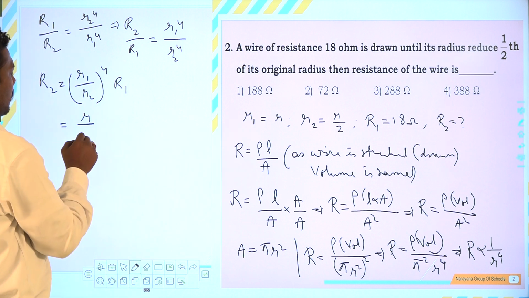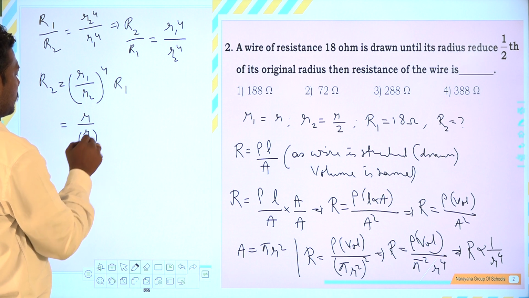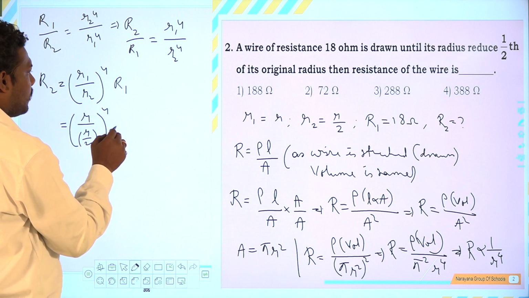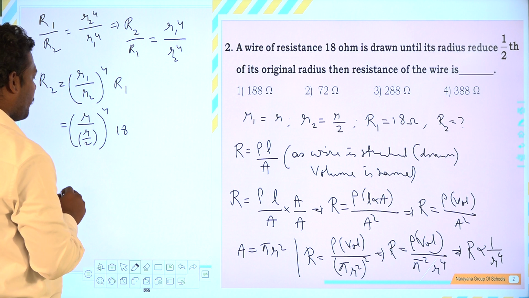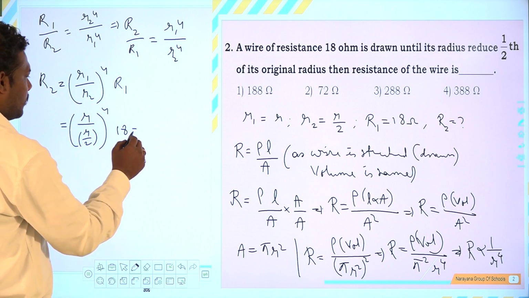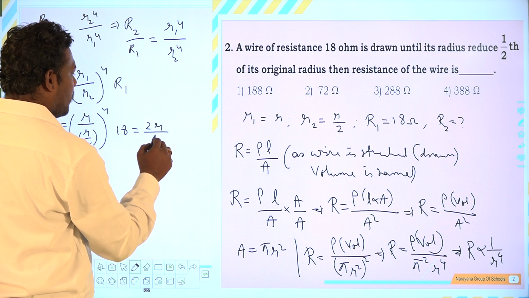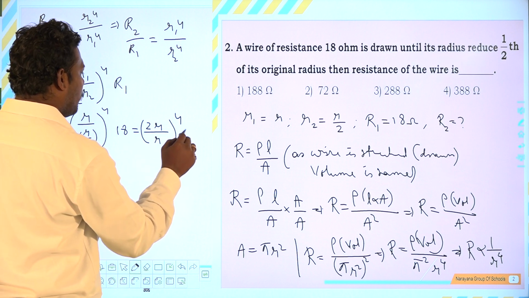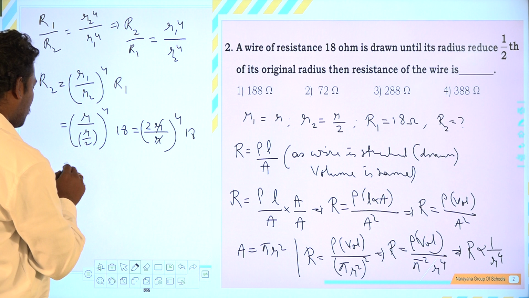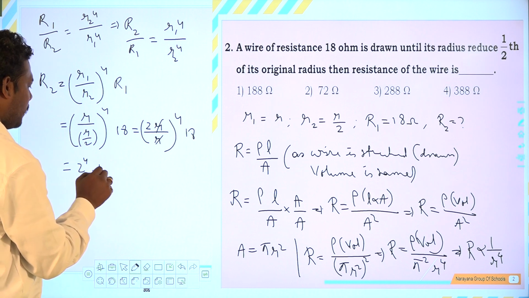r1 is r, r2 is r by 2, so it is 2r by r whole power 4 into 18. So 2 power 4 into 18.